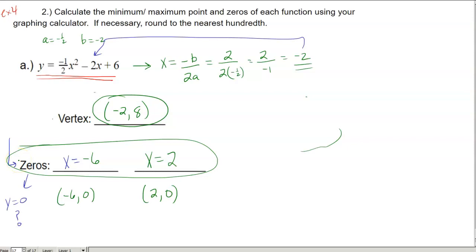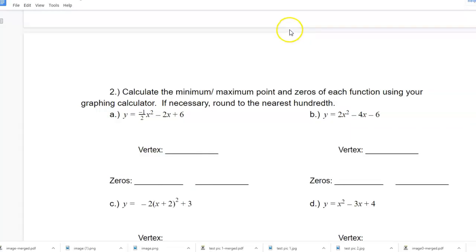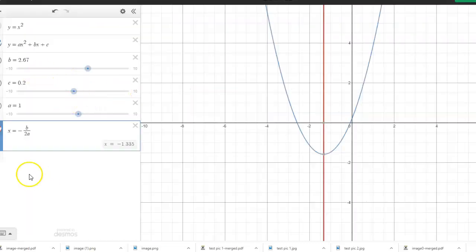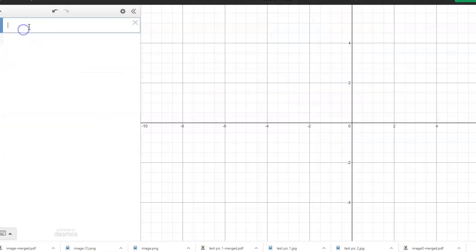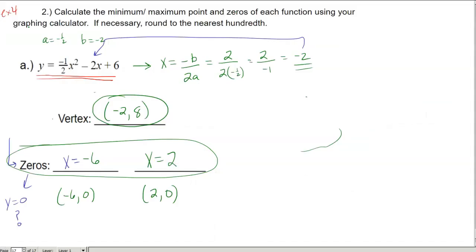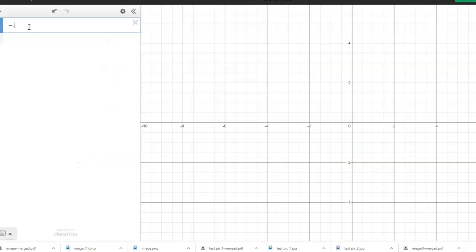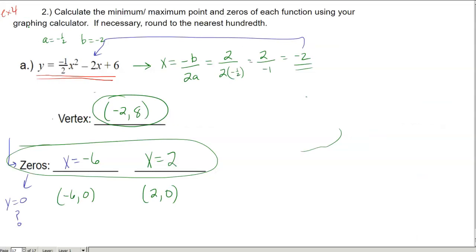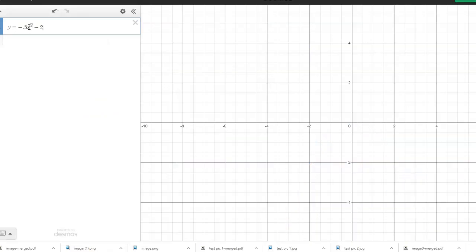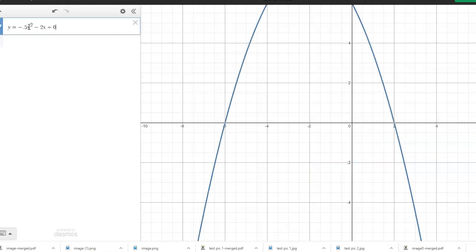Now, again, if you don't have a graphing calculator, you could do this on Desmos as well. If I go to Desmos here, and let me get rid of some of this stuff, I could also plug in the function, which is y equals -0.5x squared minus 2x plus 6.